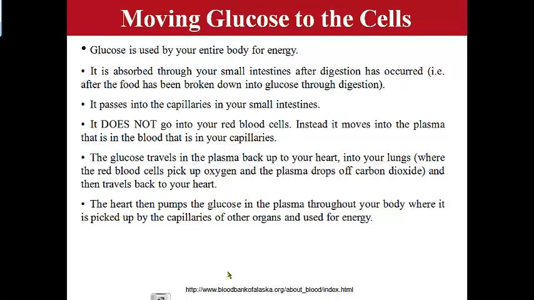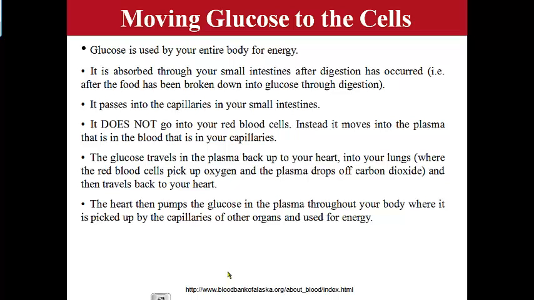Well, the way they get glucose, this is kind of cool because this goes back to the digestive system. Basically, your whole digestive system breaks down all of this food into an itty bitty little nutrient called glucose. So your body's breaking down food into glucose.